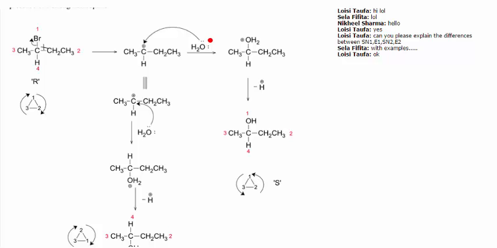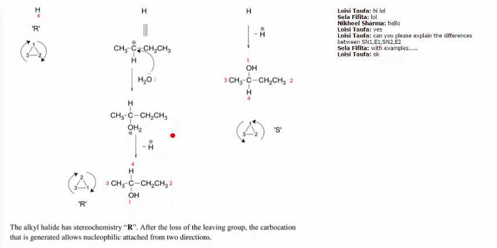Since oxygen is an electronegative atom and it has acquired a positive charge now, it will undergo deprotonation. Both of the molecules will undergo deprotonation to form the stable compound.